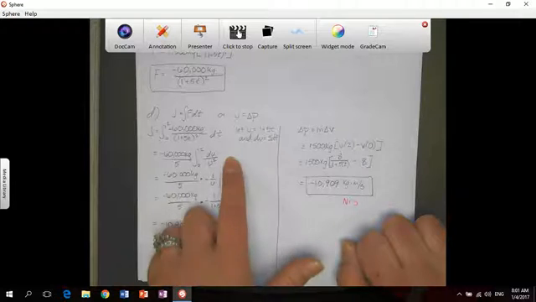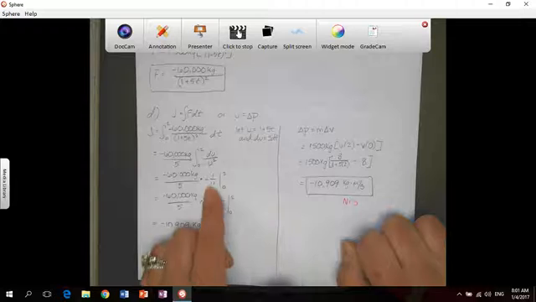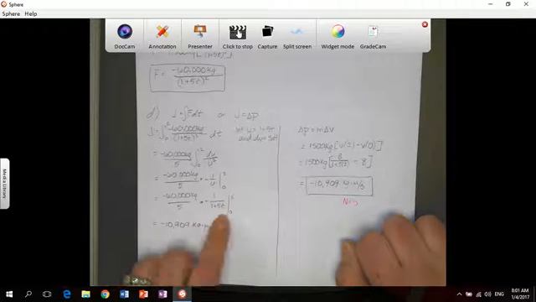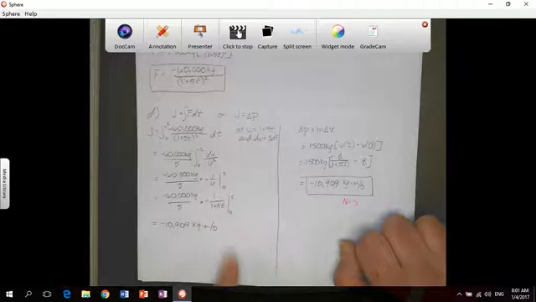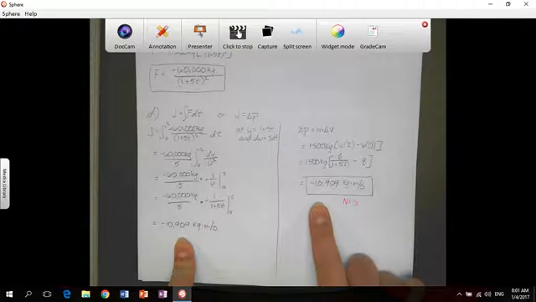Okay? The integral of 1 over u squared is negative 1 over u, and then I substitute my function back in for u, and I just go ahead and plug in my values, take the difference, and you'll find that you get the exact same answer no matter which method you use.